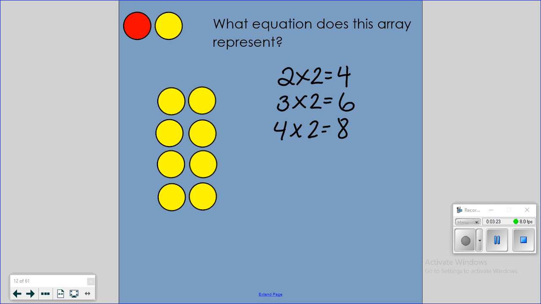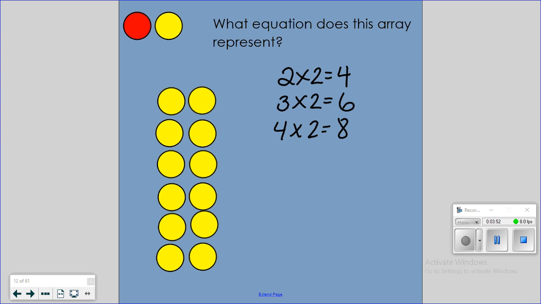What if I add 2 more groups? Watch, I'm adding 1 group of 2, and then I'm adding another group of 2. That's a lot of 2's. Make sure you add them to your array. We're adding 2 more groups, yep. How many groups of 2 do I have now?